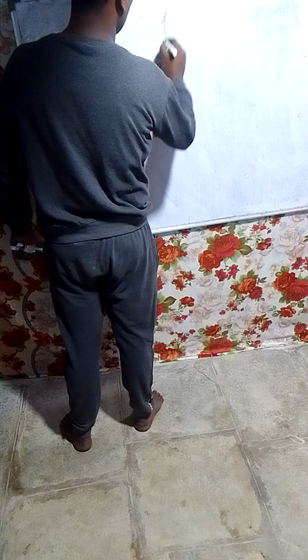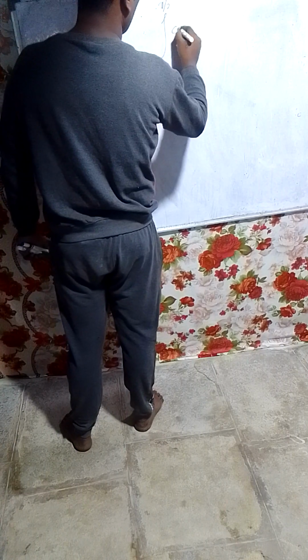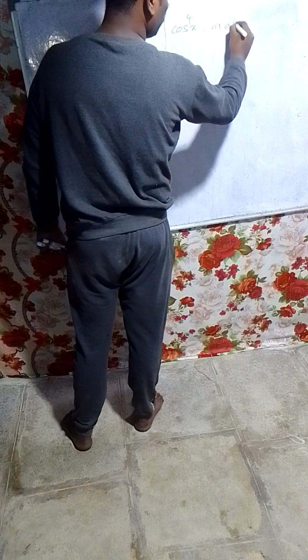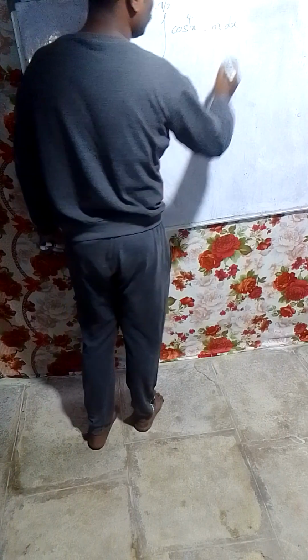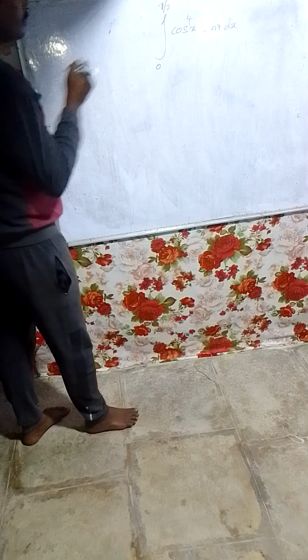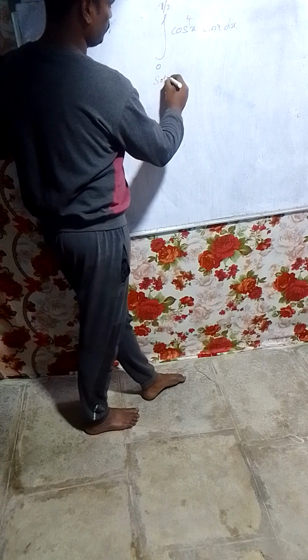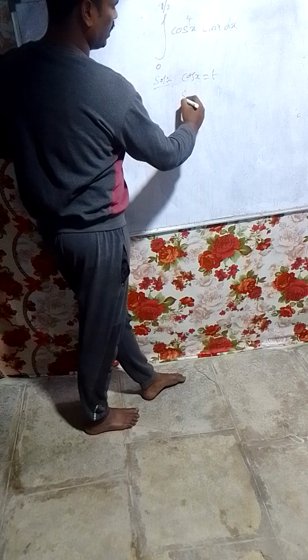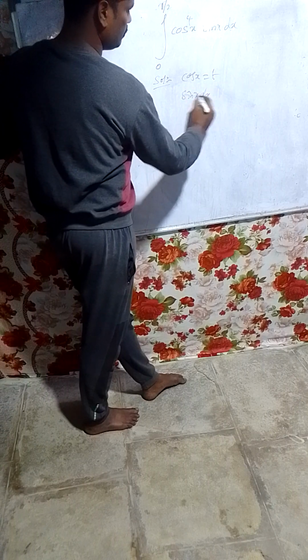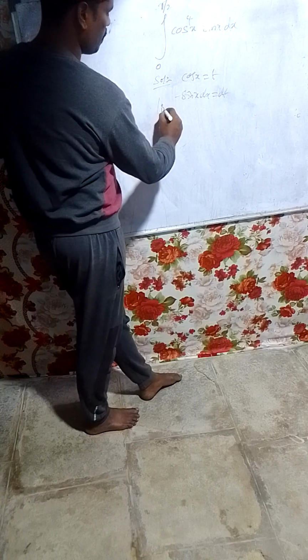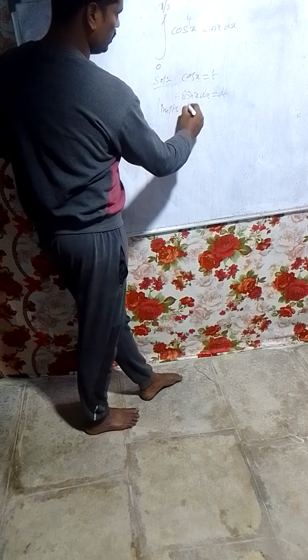Next problem, 0 to pi by 2, cos power of 4 x sin x dx. See, simple children, here cos x equal to t, sin x dx is dt. Limits change.